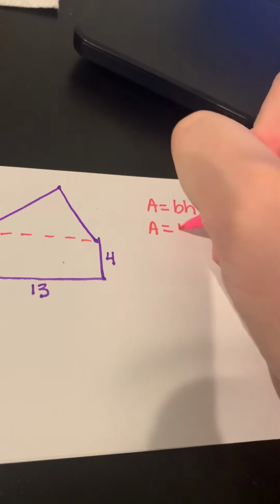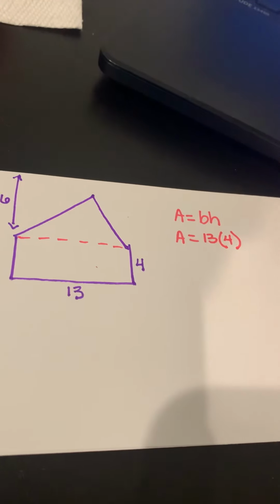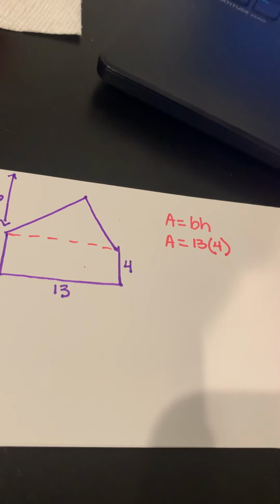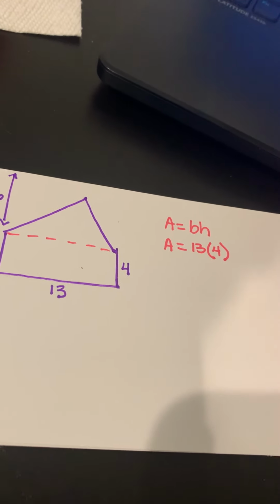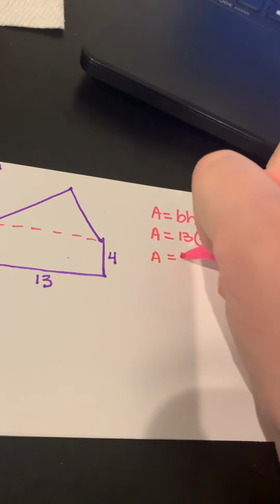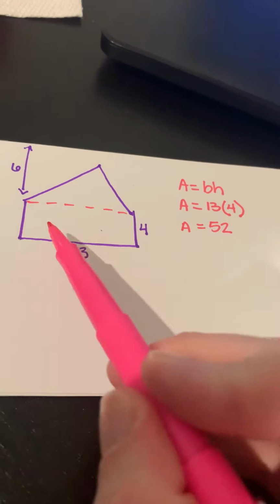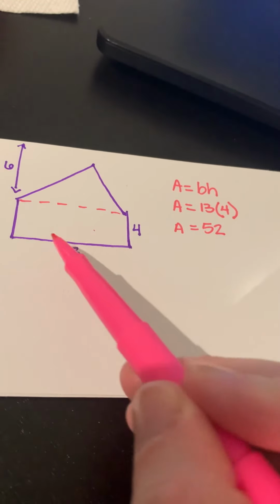So area equals, the base is 13, the height is 4. If I do 13 times 4, I get 52. That's the area of this lower portion, just the rectangle part.